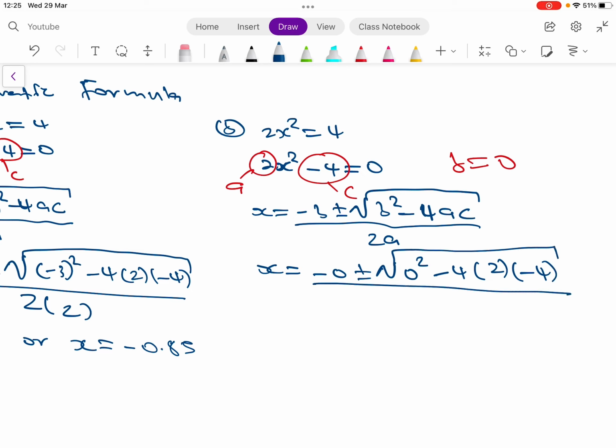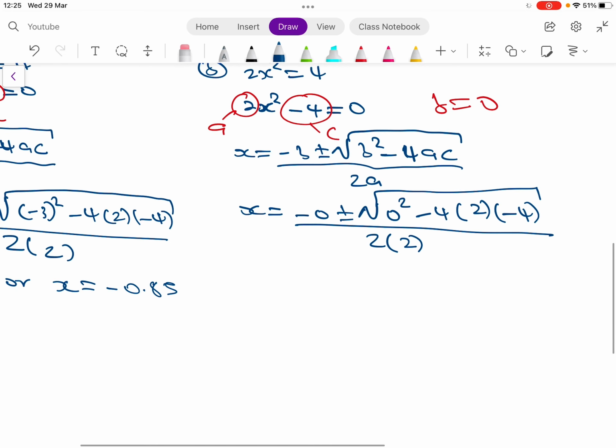Okay, punch everything on a calculator. Therefore x is 1.41, as well as negative 1.41.